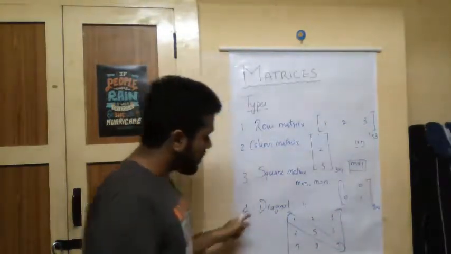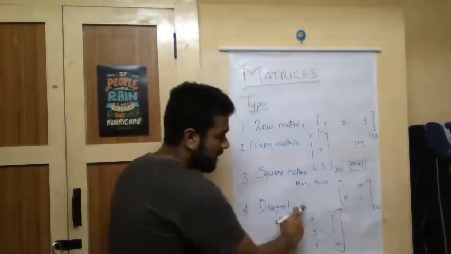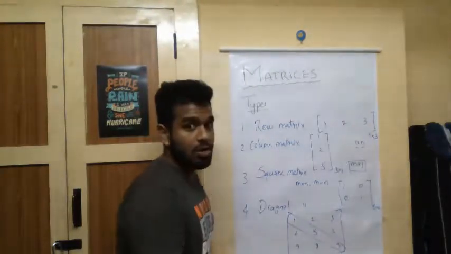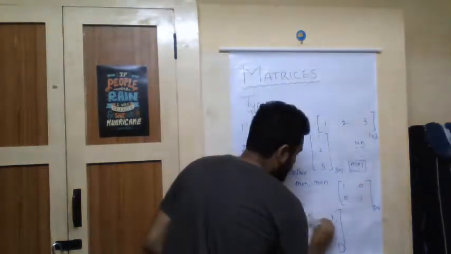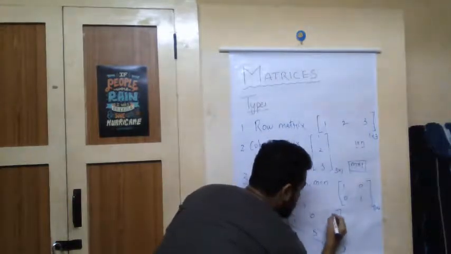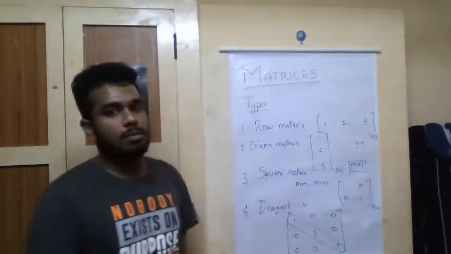A matrix will be classified as a diagonal matrix if the lower triangle and the upper triangle are 0 and the principal diagonal elements are non-zero. So here we have to make these 0. If these are 0, then that would be a diagonal matrix.